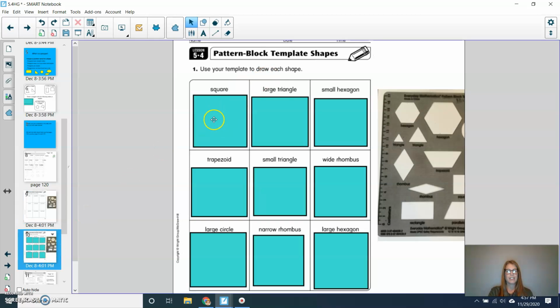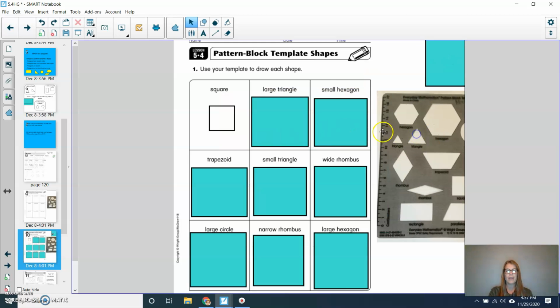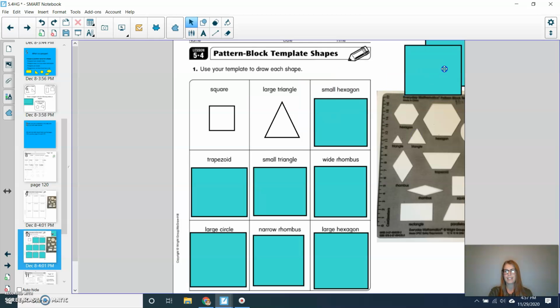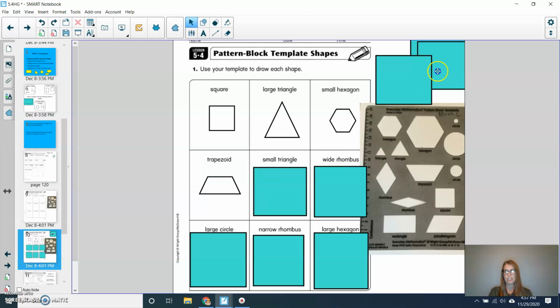All right, second graders, so your square probably looks something like this, and again, you should have used your template to trace them. The large triangle probably looks something like this. Notice how there's two different hexagons on our template, so you did the small hexagon. Our trapezoid, in this picture, kind of have it flipped, but I chose to do it this way. Either way is fine.